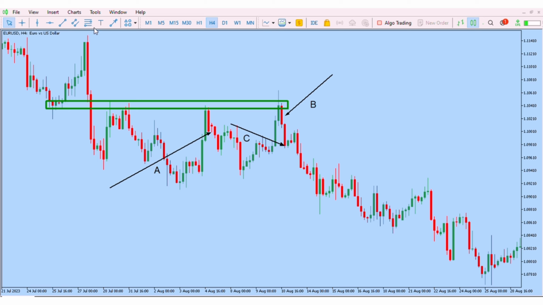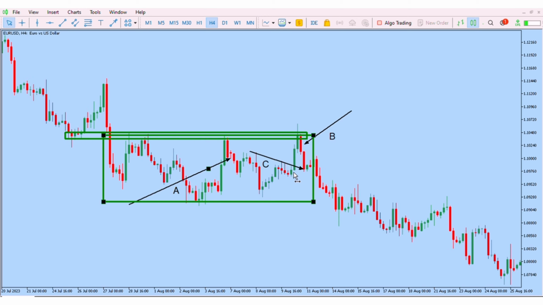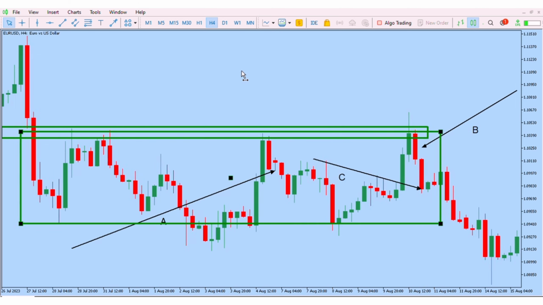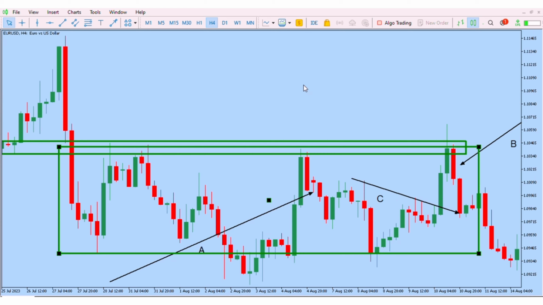At this point, what did you notice? The market prices formed a rectangular pattern. This tells you that a downward breakout, especially at support level, will see the market prices continue the trend.